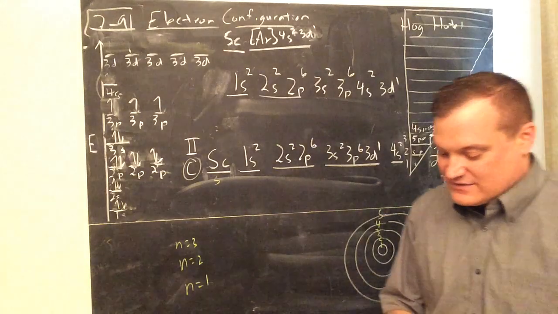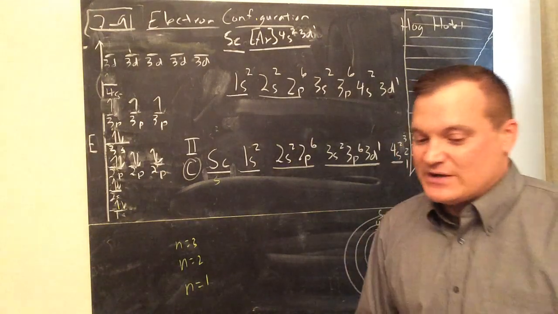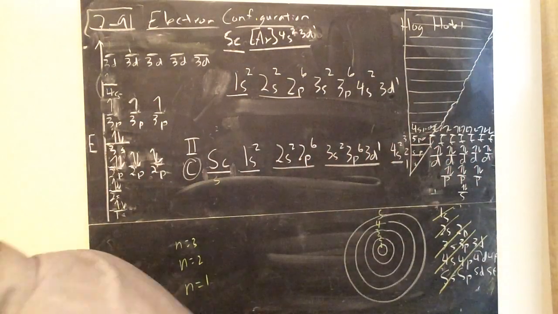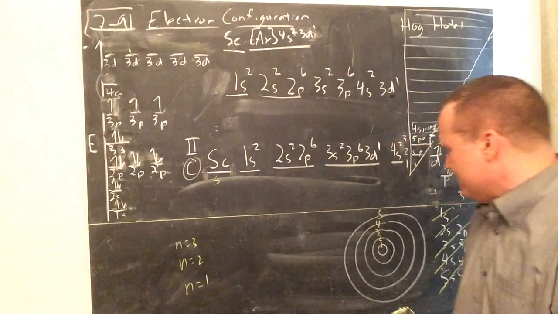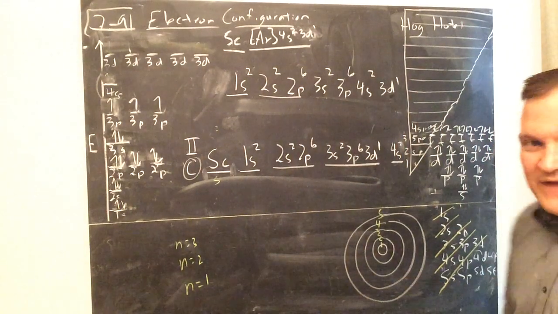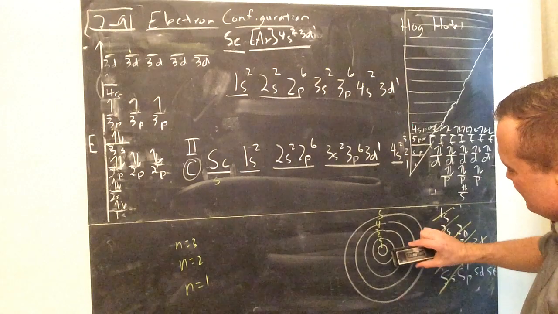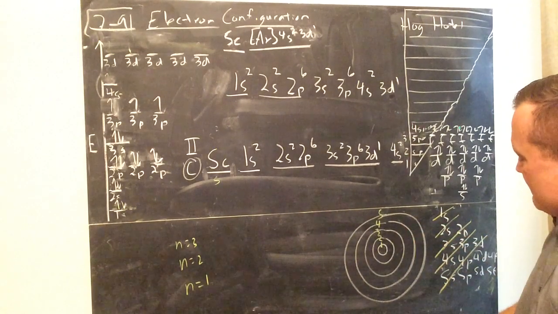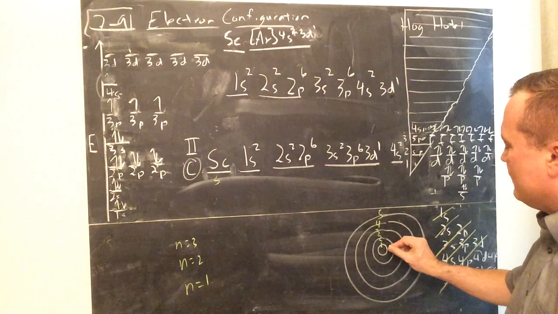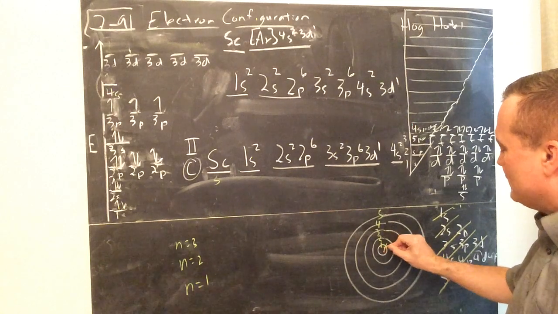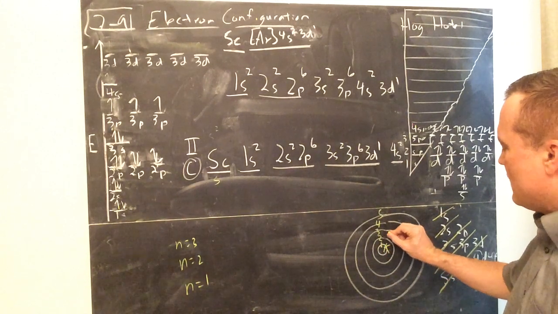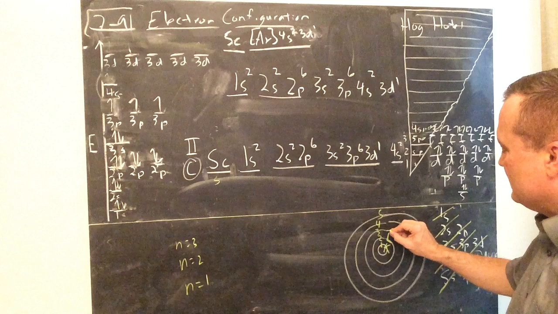Or actually, technically they refer to it as the n equals 1 shell, n equals 2 shell, n equals 3, n equals 4. Well, I don't know why they did this. I don't know if you can even read that too good with my handwriting. But they decided that the 1 would be called the K shell, capital K. The 2 would be called the capital L shell.